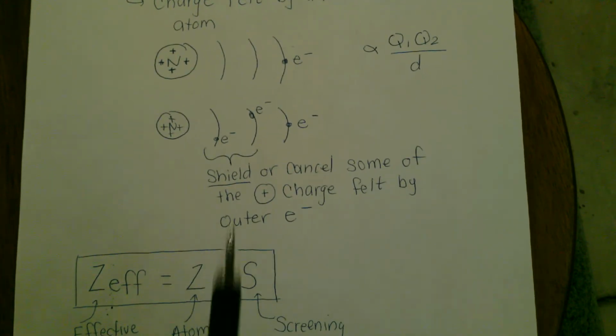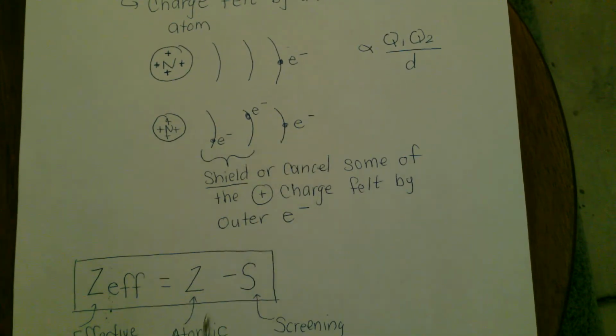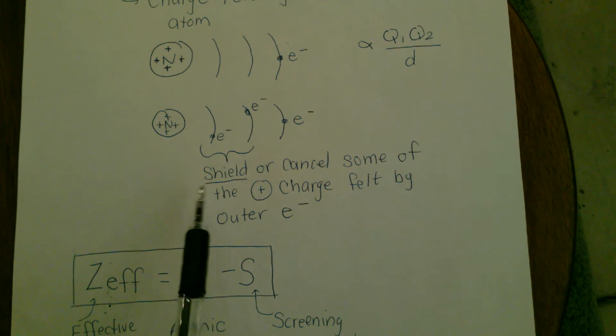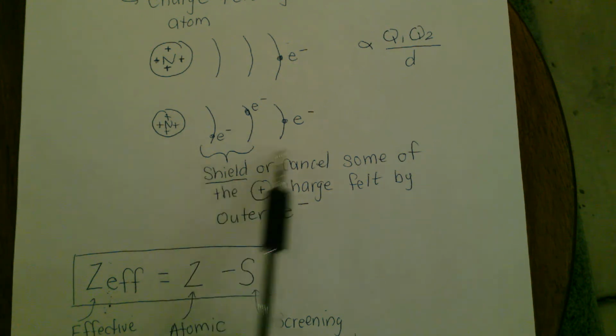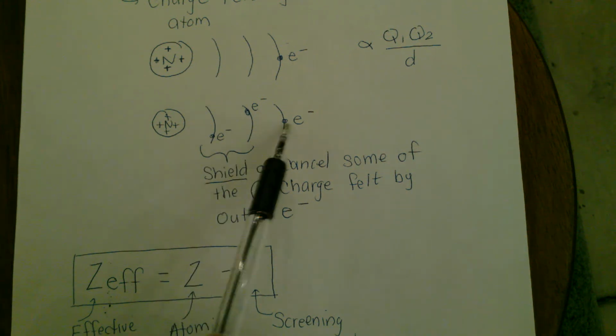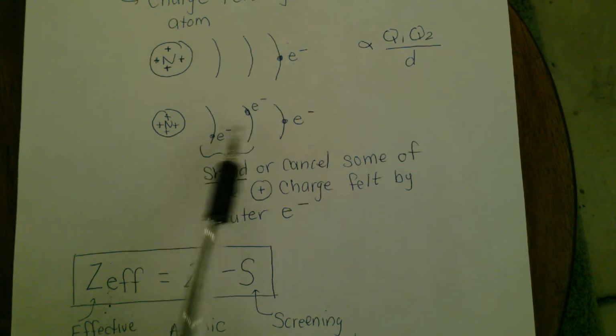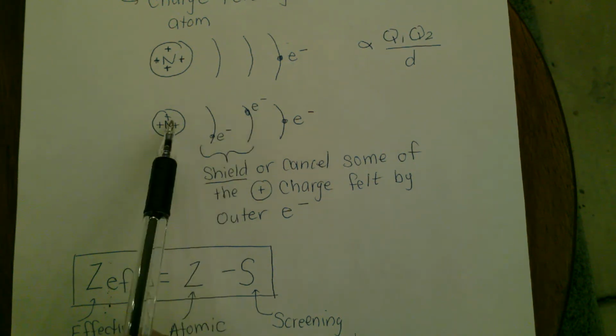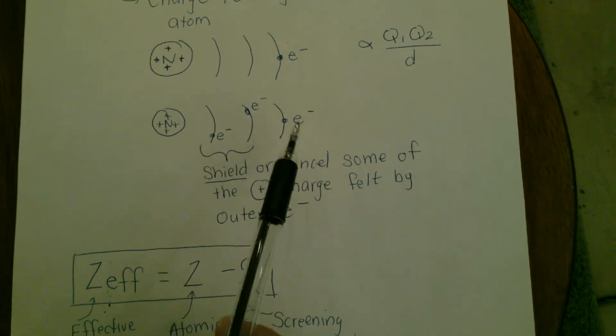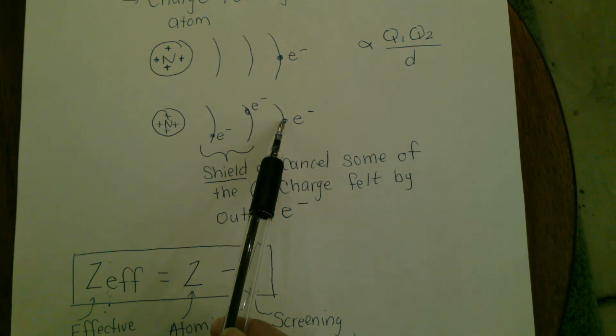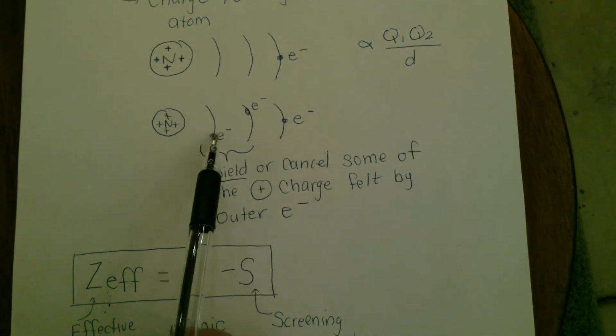Okay, so let's put some other electrons in here and kind of take a look at what we mean. So what we are going to define is shielding or screening. So what that means is if you're an outer electron, that some of these inner electrons are able to block or screen this positive charge. So for example, this electron here is screened by 2.